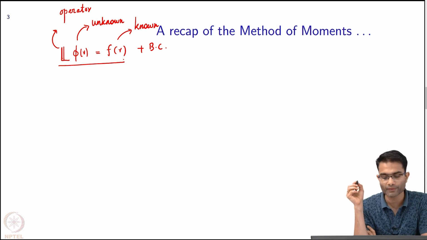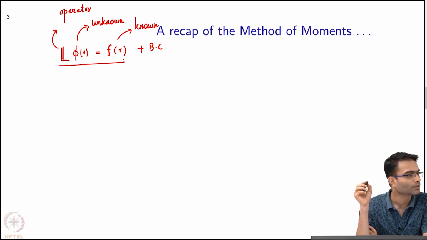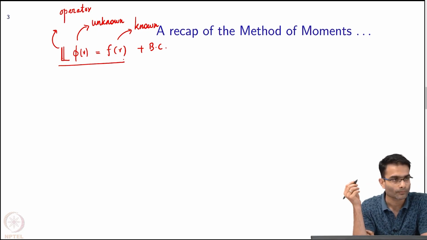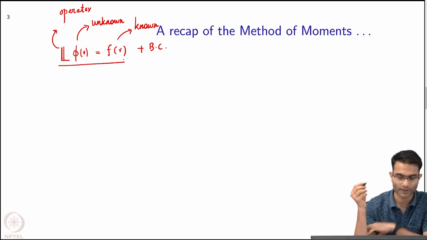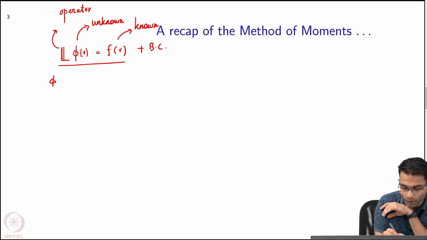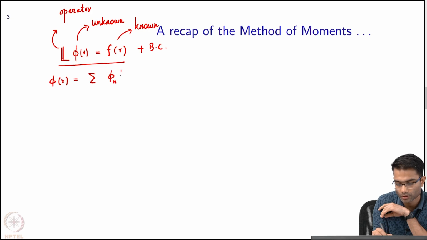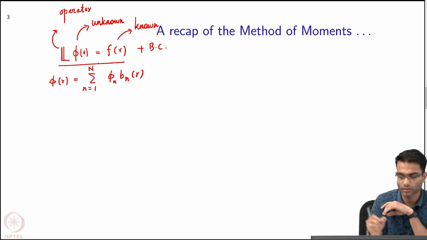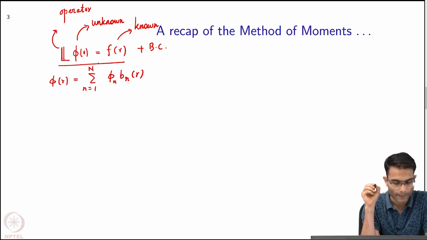What did we do when we went to the method of moments? What was the sort of step 1? Basis functions, right. So, I said phi of r, I can write in this form, a set of basis functions, right.